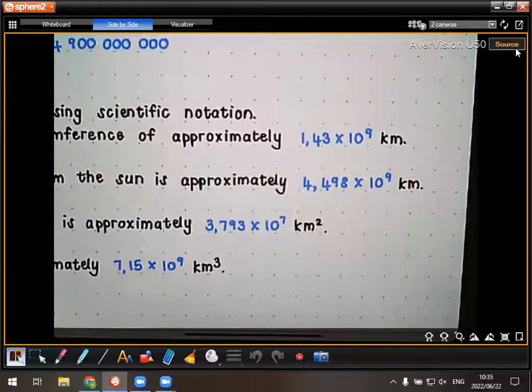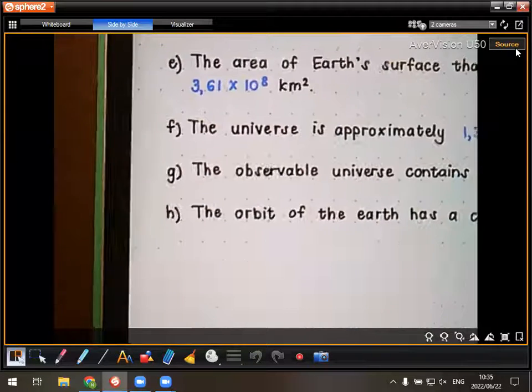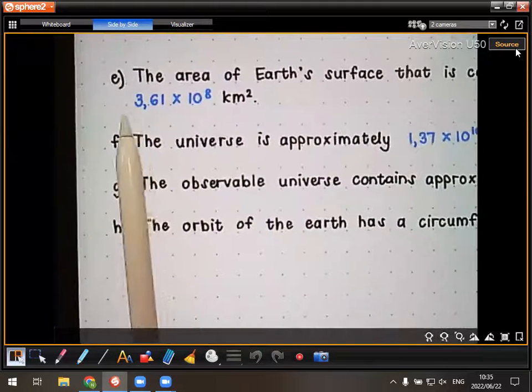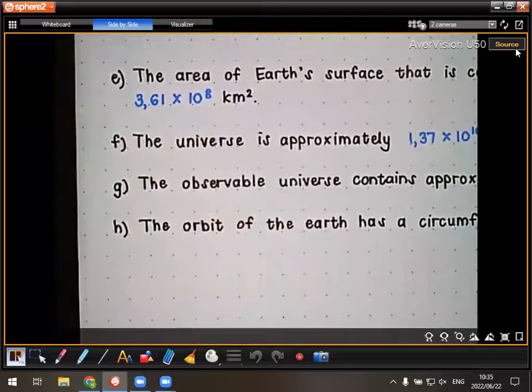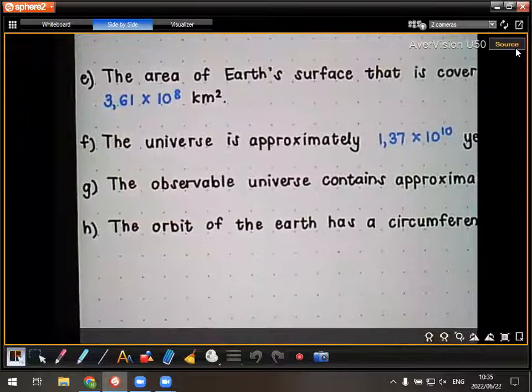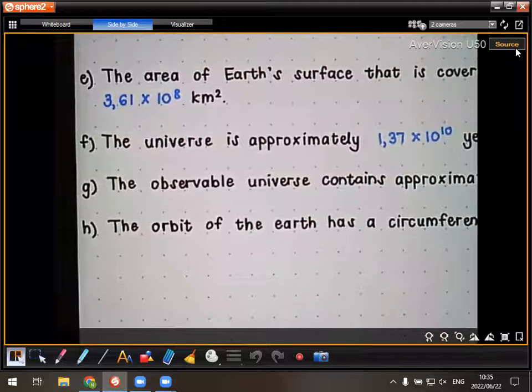Okay, then for E, it was 3,61 times 10 to the 8. F was 1,37 times 10 to the 10.